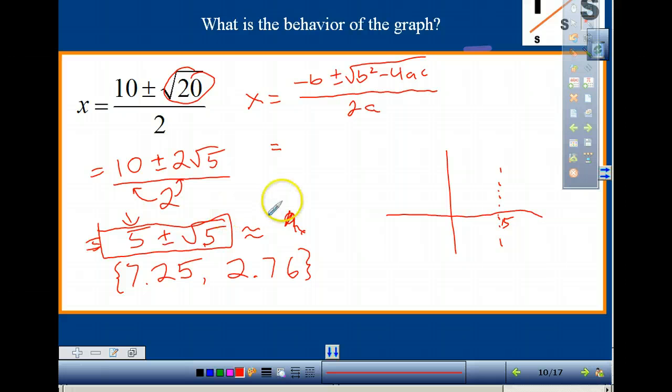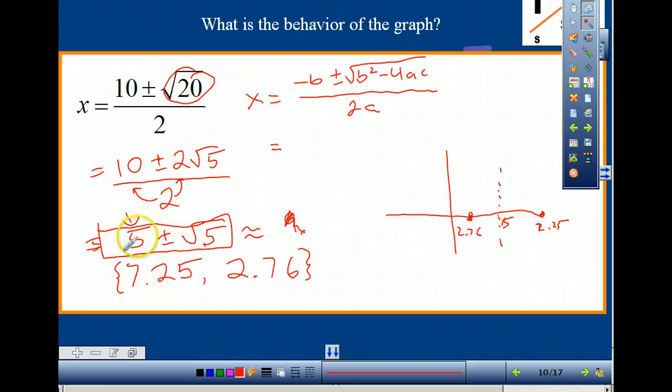And it means there's going to be 1 root 5 to the right, plus root 5, and 1 root 5 to the left. So you end up with roots at 2.76 and 7.25. I don't have the original equation, so I don't know if this is opening up or opening down. But that's what this is. It's kind of getting those exact or approximate roots.